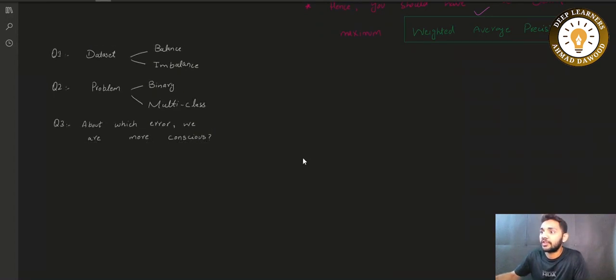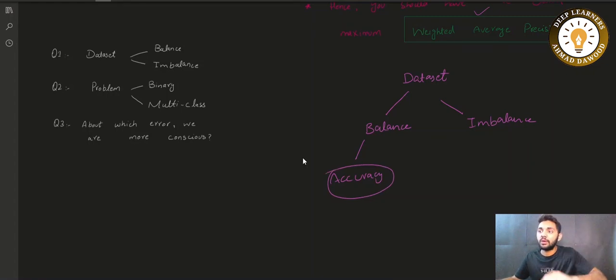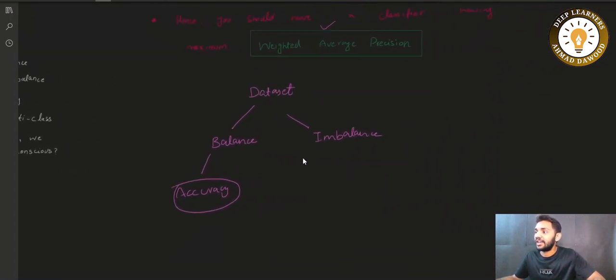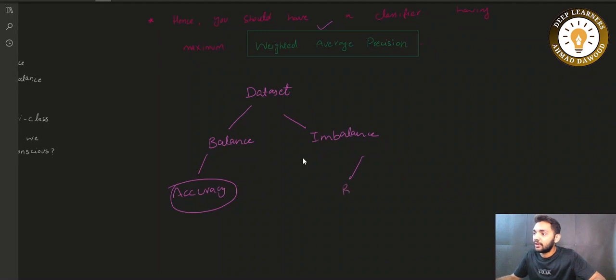Okay, so here first of all, whenever you have a dataset, you have to ask whether the dataset is balanced or imbalanced. If your dataset is balanced, no matter whether the problem is binary or multi, you can use accuracy. Now, if your dataset is imbalanced, then you have to see whether the problem is binary or multi.